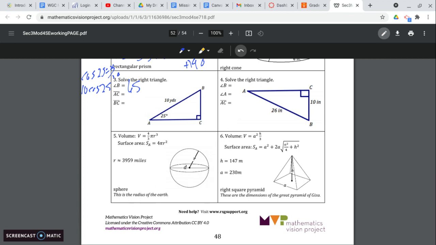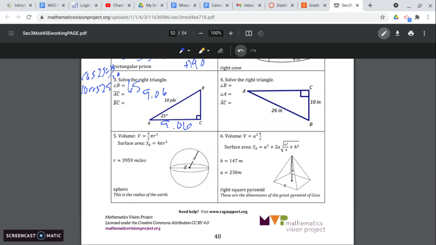we end up with 9.06. So this side here is 9.06. Then to find BC, it's going to be sine.